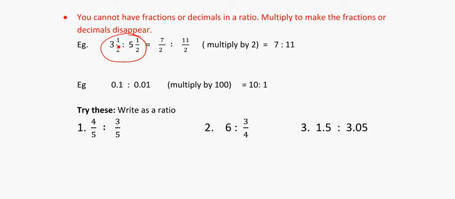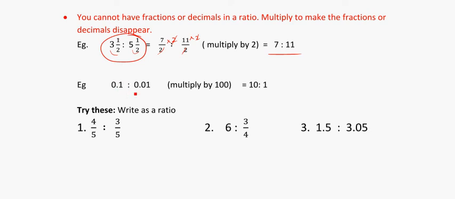So 3.5 is 7 over 2. 3 2s are 6 and 1 is 7. 5 2s are 10 and 1 is 11. So we've got 7 over 2 to 11 over 2. Now if we multiply each side by 2, the fraction cancels and we end up with 7 to 11. If you had thirds, you'd multiply each one by 3, and that would remove the fraction.